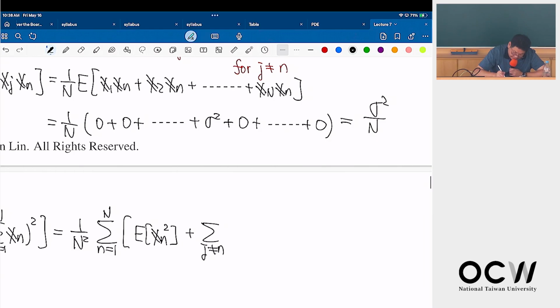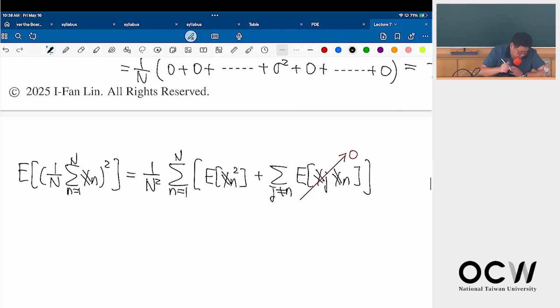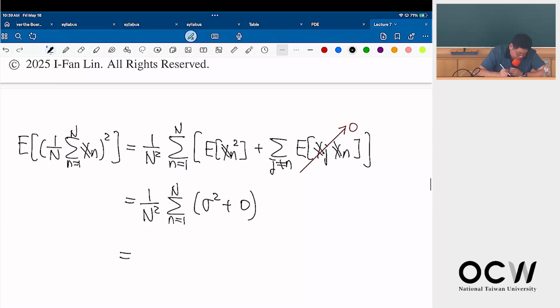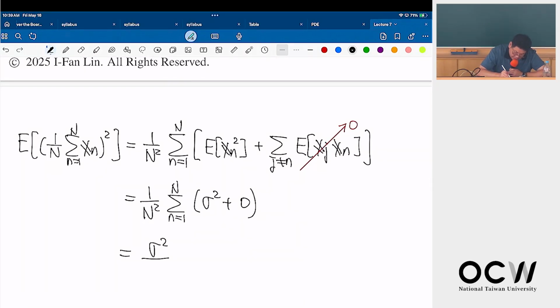For j not equal to n, this expectation is 0, so they go to 0. So we only have 1 over N squared, summation n from 1 to capital N, sigma squared plus 0. So this part is sigma squared over N squared.